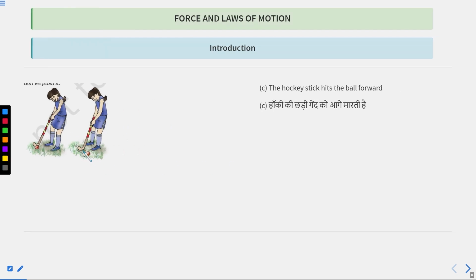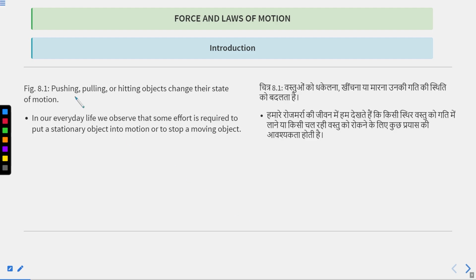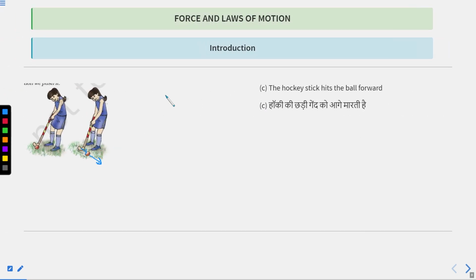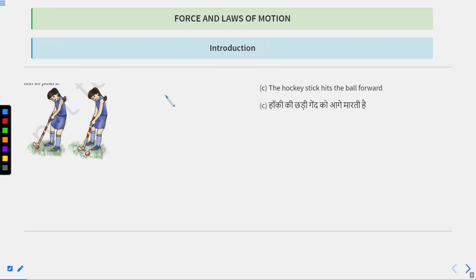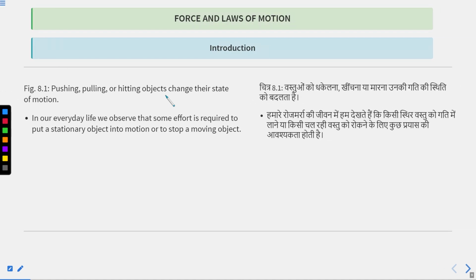This girl is hitting the ball with a hockey stick in this direction, and the ball is moving in the same, forward direction. So pushing, pulling, or hitting an object changes its state of motion. In all these examples, the ball or the trolley was initially at rest, but when you pull, push, or hit, the state of the object changes and it begins to move.